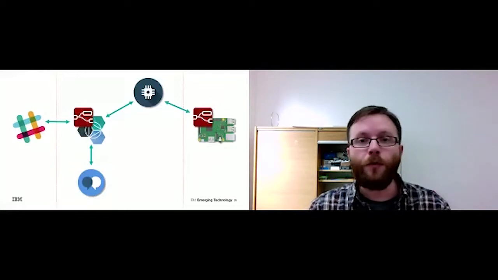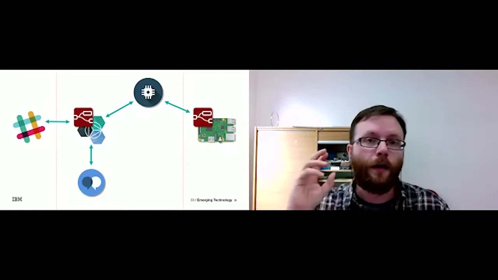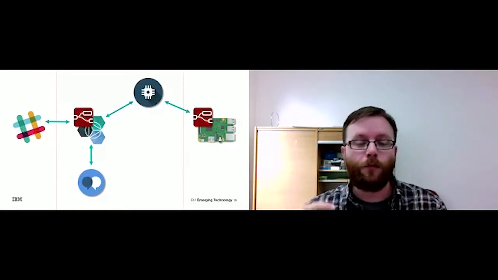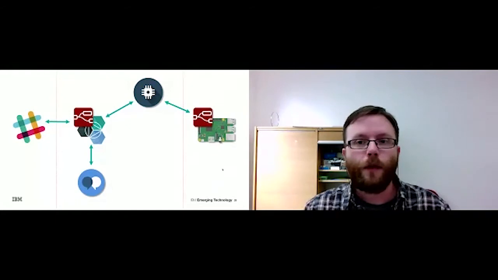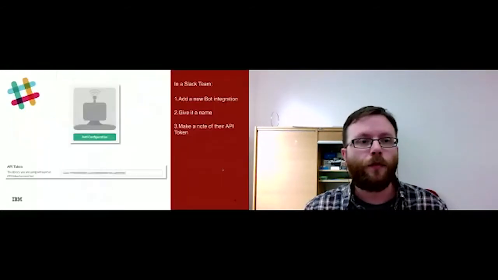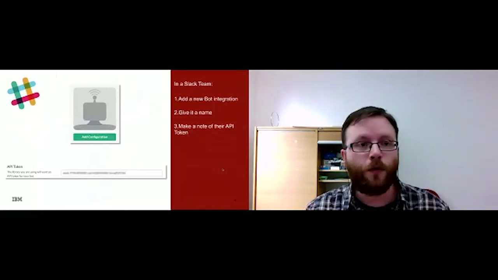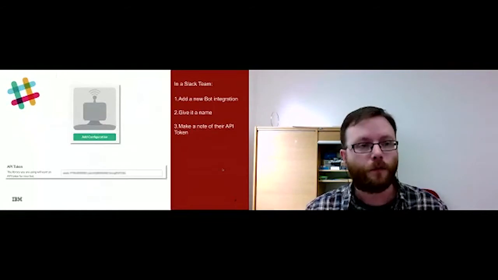So for a quick example, a demo I have here on my desk is a Slack bot that lets me have a chat with an agent to control the Raspberry Pi. So how does that work? Well, these are the basic building blocks. Within Slack, I've created a bot integration and just gotten an API token from the Slack API.